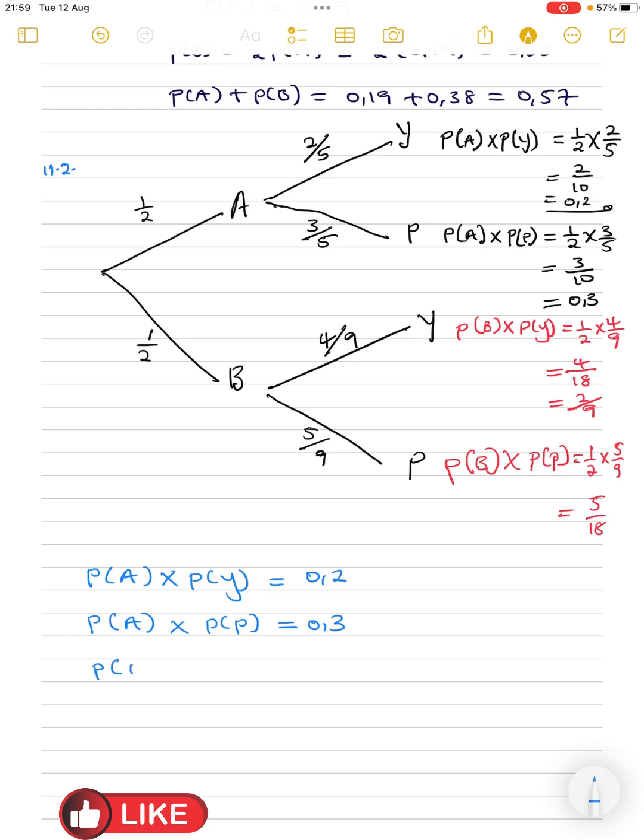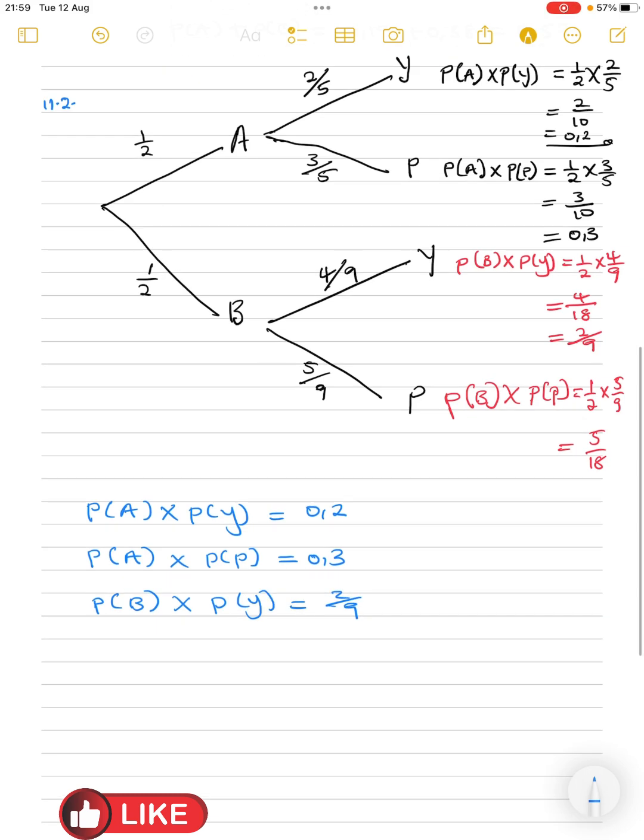Probability of B times probability of picking a yellow ball is equal to 2 over 9. Probability of picking B times the probability of picking a pink ball is equal to 5 over 18.